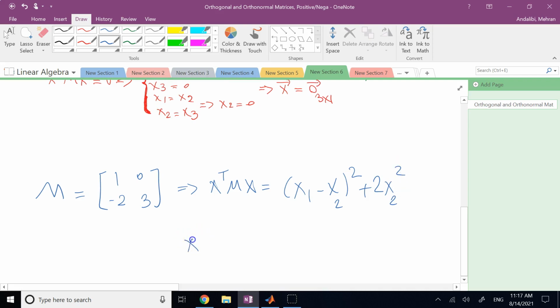The only condition that can make this 0 is x2 is 0, and then x1 is equal to x2, which means x1 has to be also 0, so the whole vector is 0. So it's only 0 for zero x. That means this is a positive definite matrix, for non-zero x's.